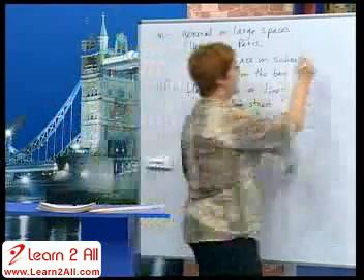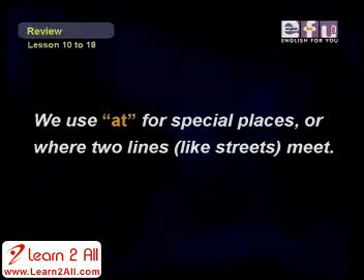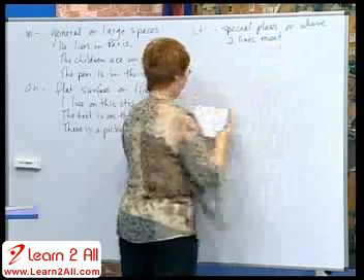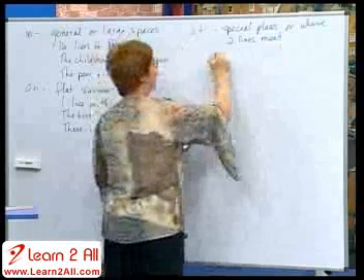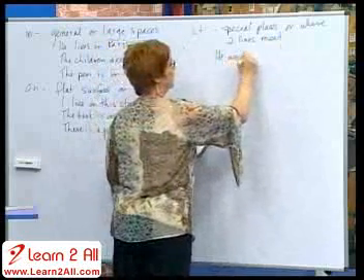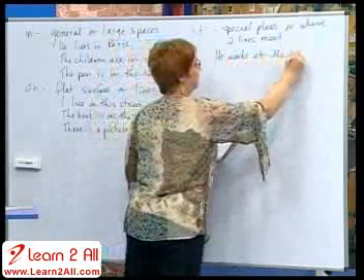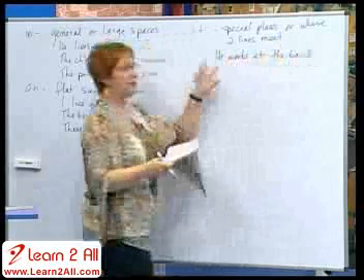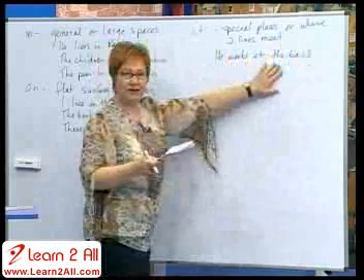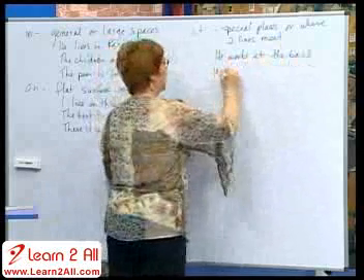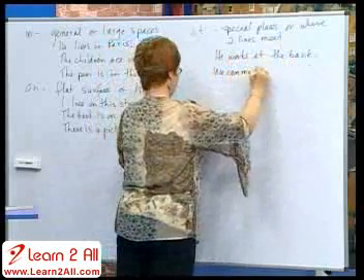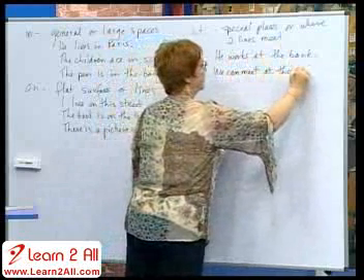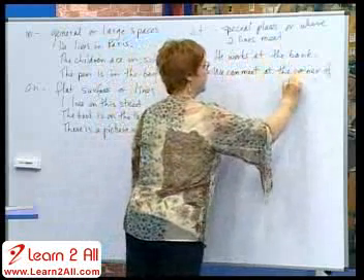Now let's talk about at. Remember that at is for special places or where two lines meet. So, for example, he works at the bank. This is a special place. We can meet at the corner of the street.